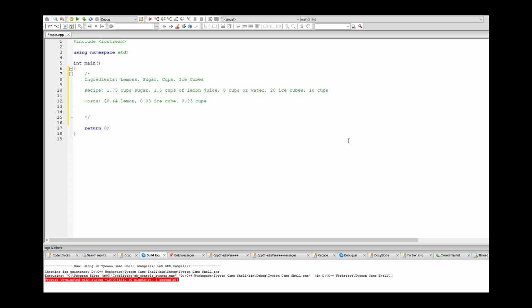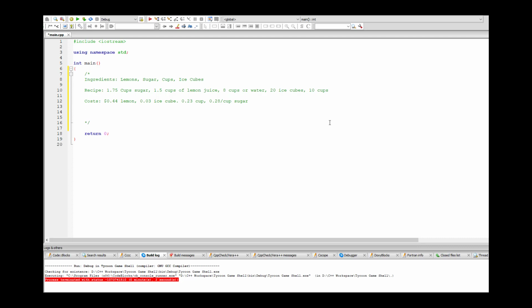And then our sugar is 28 cents per cup. So 0.28 per cup of sugar.